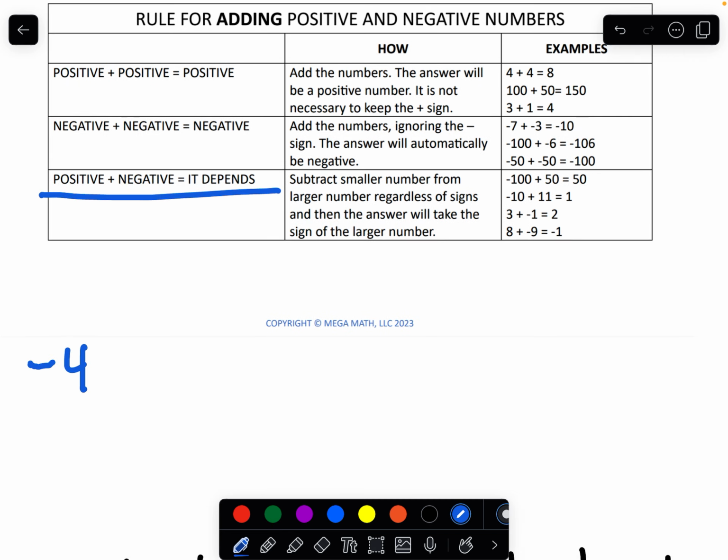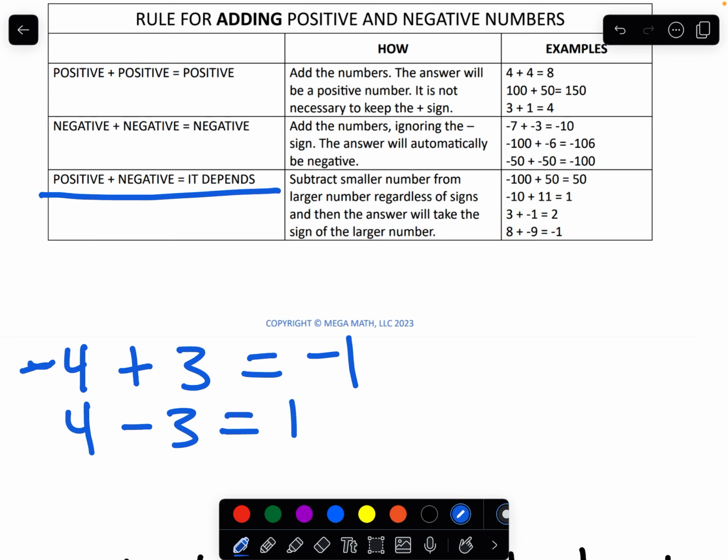Let's do negative 4 plus 3. Well, I'm going to just ignore the signs, subtract the smaller number from the larger number, regardless of signs, we get 1. But then we have to apply the sign of the greater number. So the answer is negative 1.